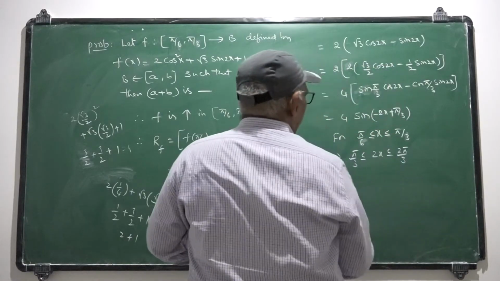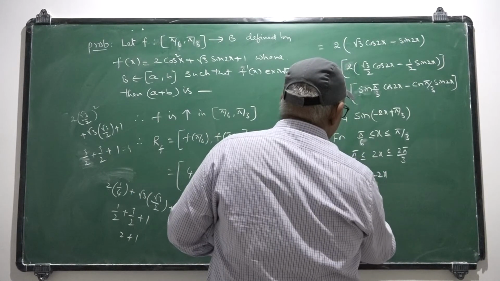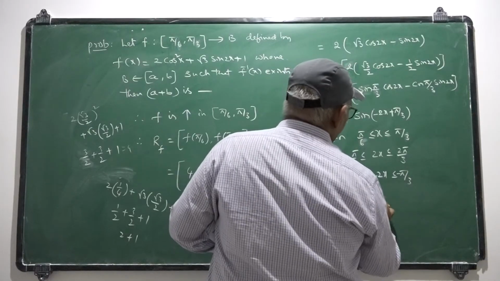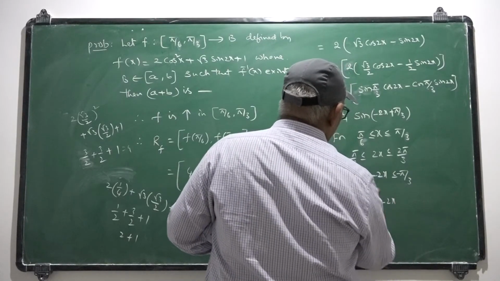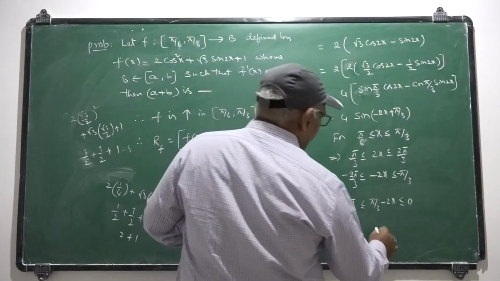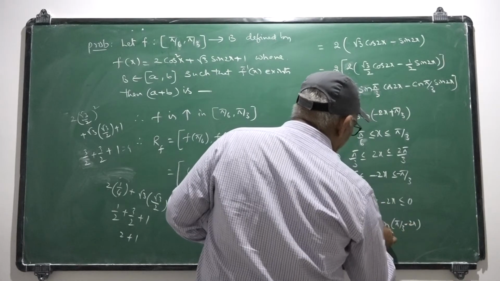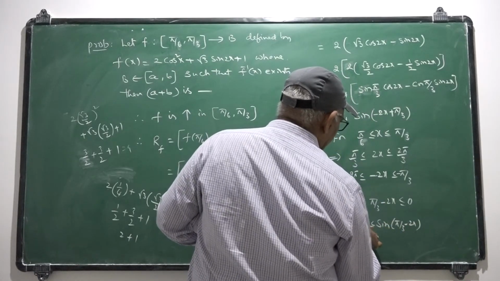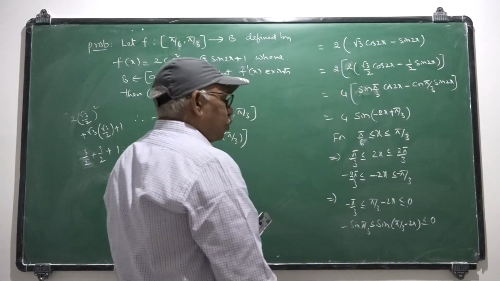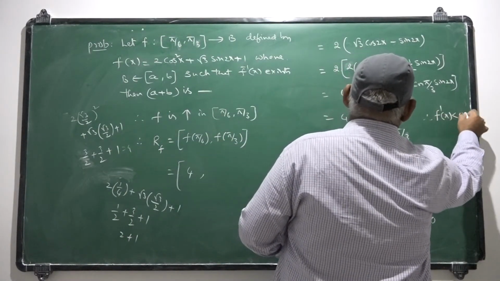Adding pi by 3, taking plus, we get minus pi by 3 is less than or equal to 0. So sine in the fourth quadrant is between minus sine pi by 3 and sine 0, which is negative clearly. So therefore f dash x is negative.